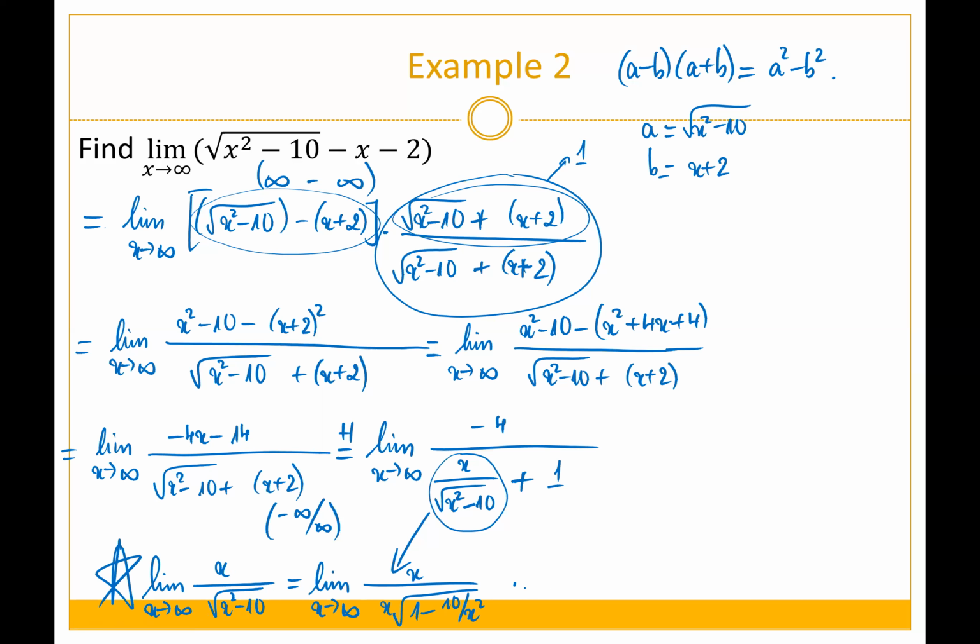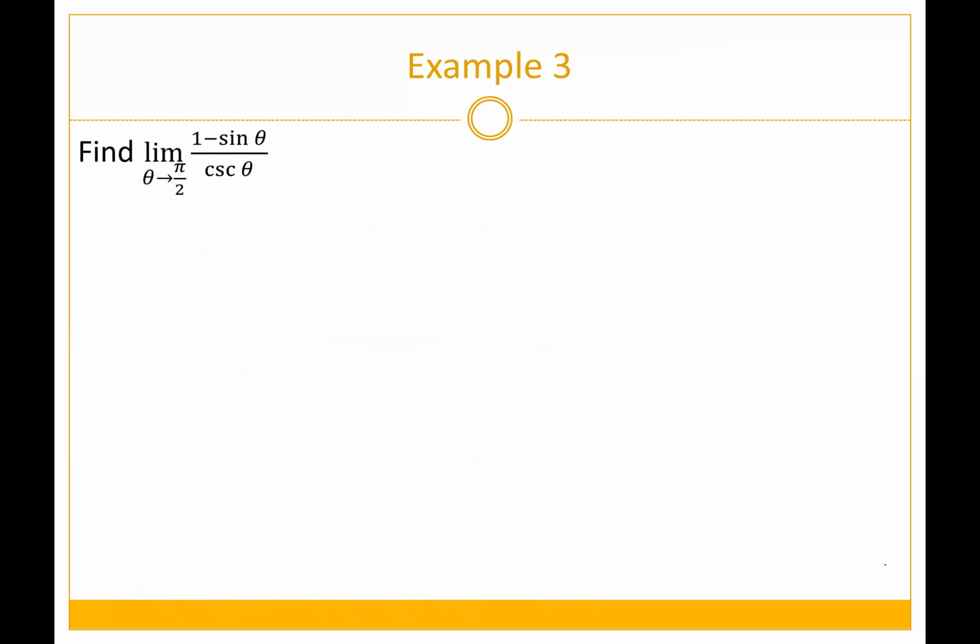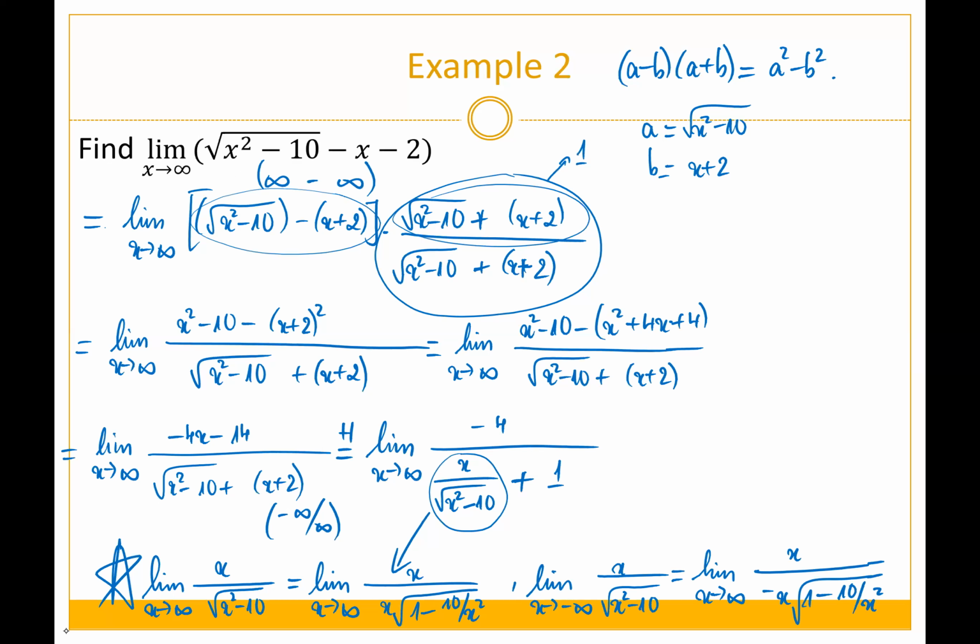But if x is approaching negative infinity, you're going to have x here, and then negative x times the square root of 1 minus 10 over x squared. So for that particular reason, this limit is going to become negative 1, and this one is going to be 1. So there is a difference when x approaches infinity or negative infinity.